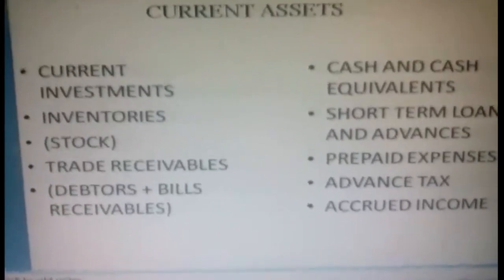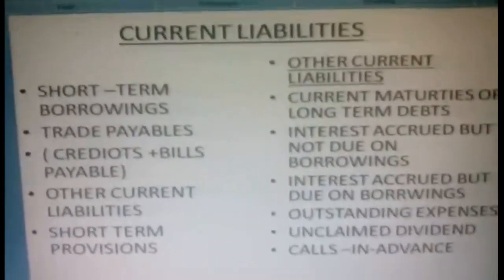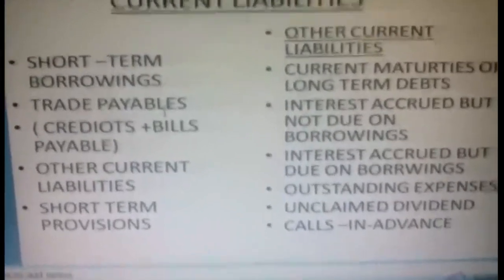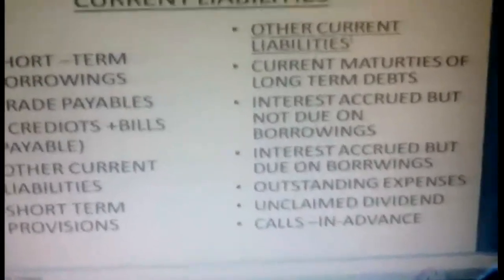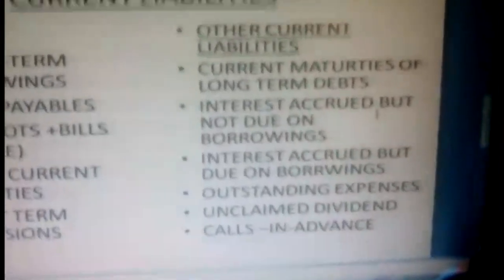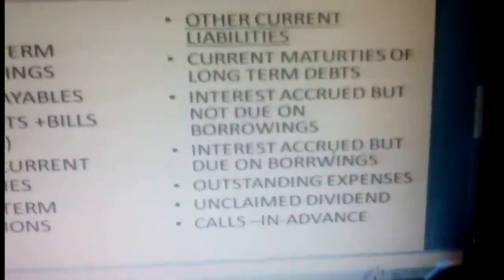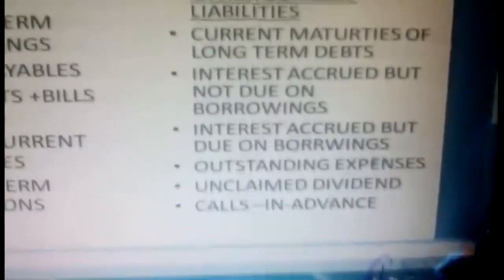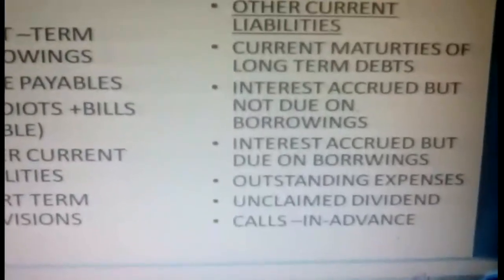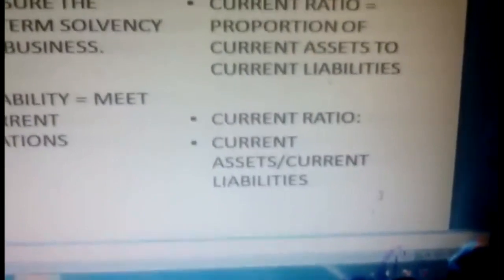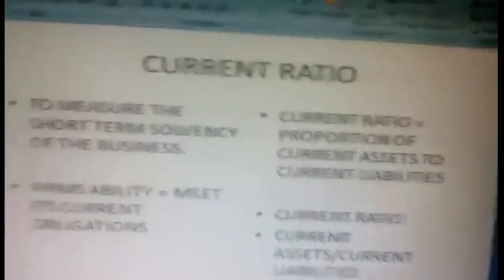The current liabilities are short-term borrowings, trade payables, other current liabilities, current maturities of long-term debts, interest accrued but not due on borrowings, interest accrued and due on borrowings, outstanding expenses, unclaimed dividends and calls in advance. What is the current ratio formula? I repeat once again: current assets divided by current liabilities.